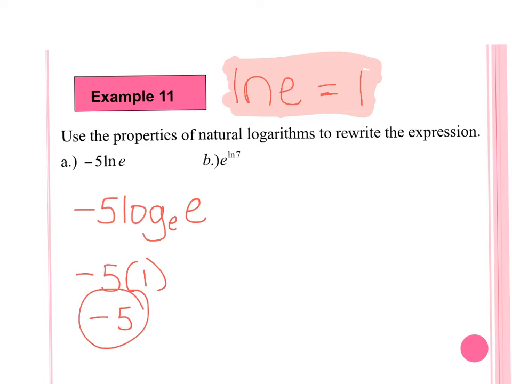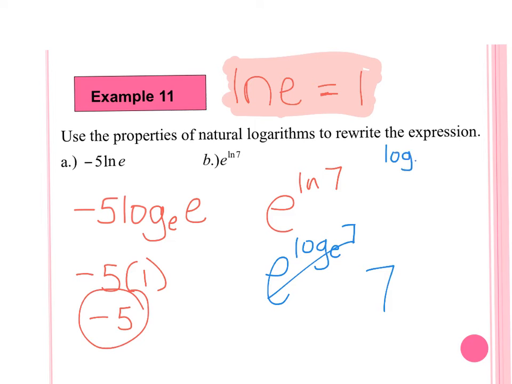Okay. So then b, e to the ln 7 would be the same thing as saying e to the log base e of 7. So it's 7. If you rewrote that in log form, this would be log base e of x equals log base e of 7.